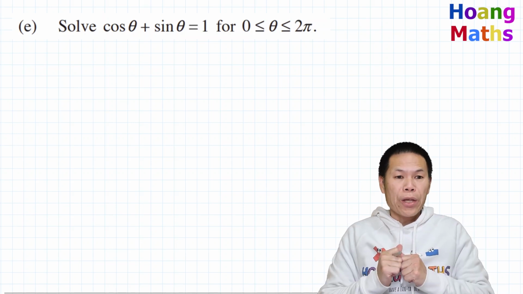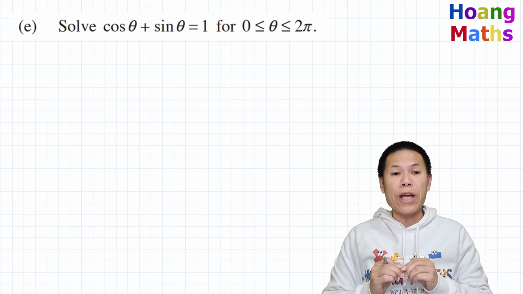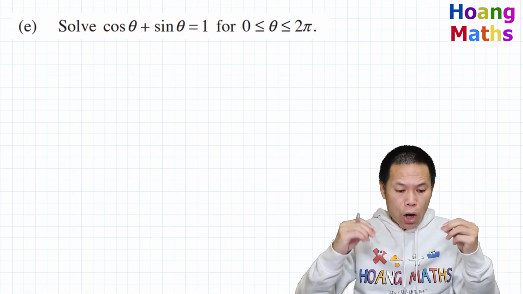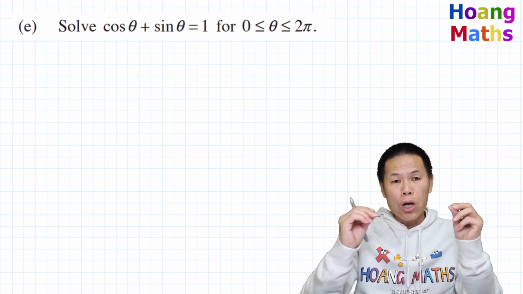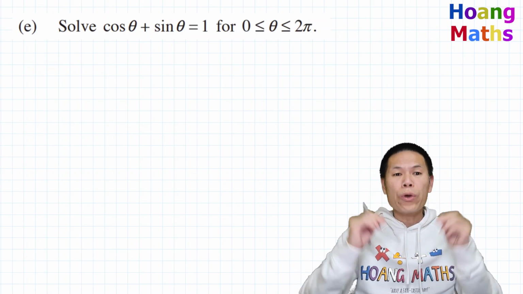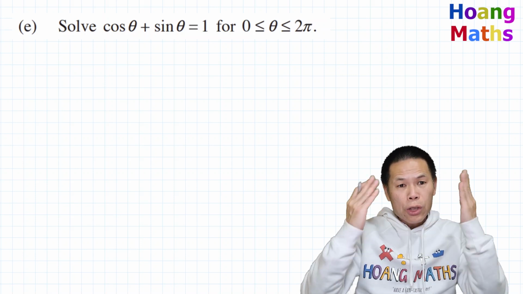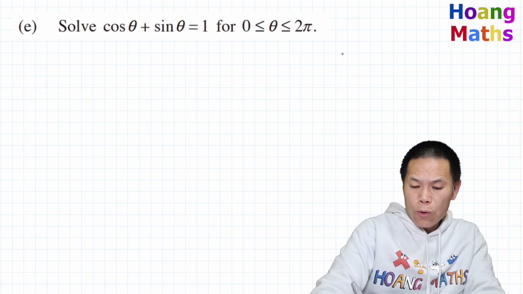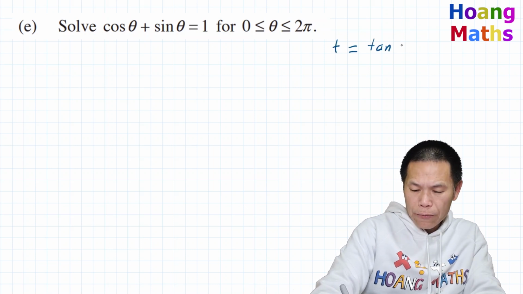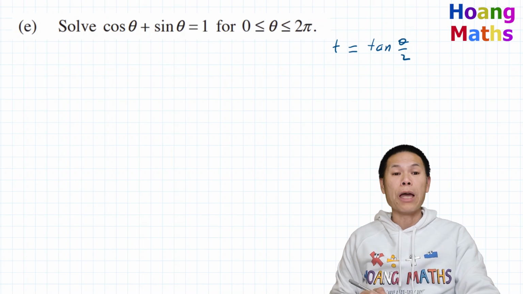Part C. Now to solve these kind of tricky equations, we can either convert cos theta plus sine theta into an auxiliary angle, or we can use t functions. So let me just use t functions to solve this, okay? So first of all, we know that t is tan of theta over 2. So keep that in mind.